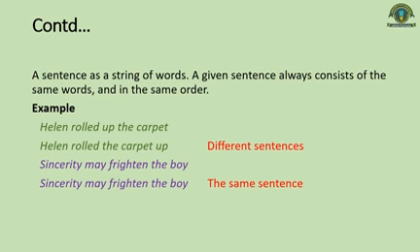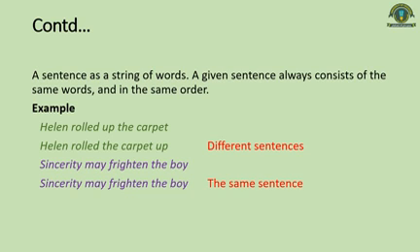A sentence is defined as a string of words. So we can say a given sentence always consists of the same words and in the same order. Any change in the words or in their order makes a different sentence. Okay, now look at these examples.